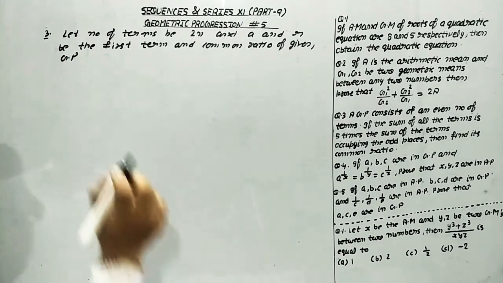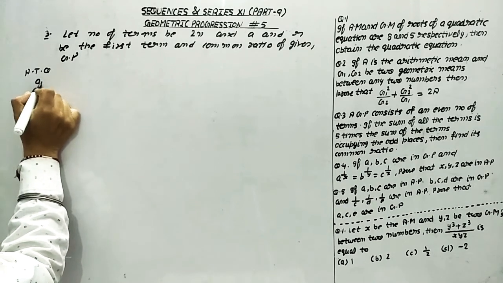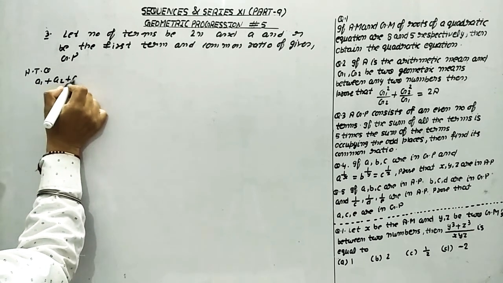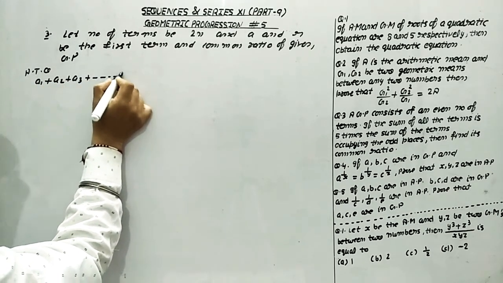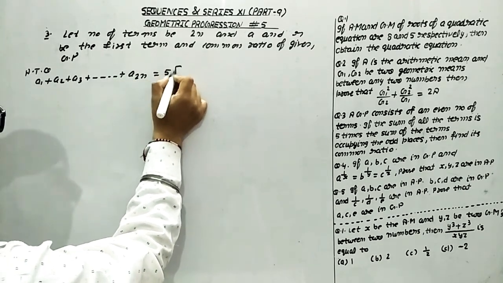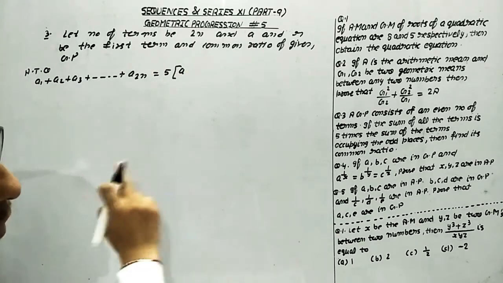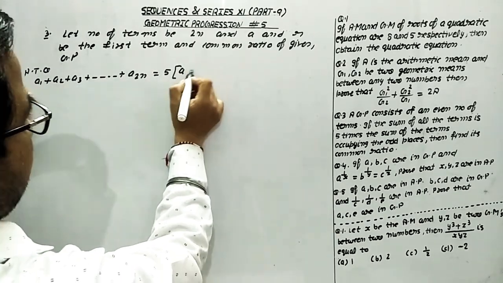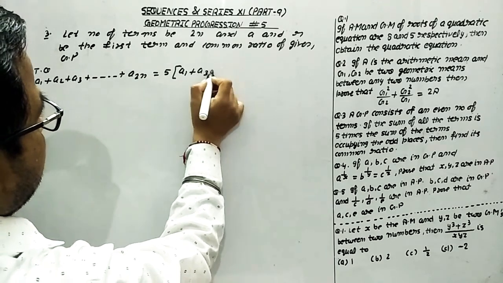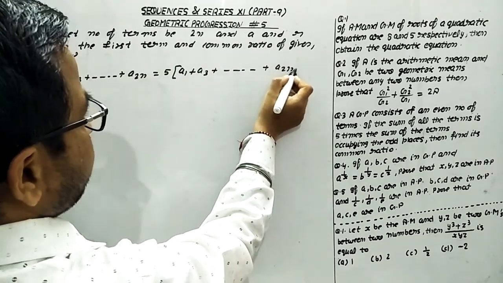Now look at this thing. According to the question, the sum of all terms, it means a1 plus a2 plus a3 and so on plus a2n, is equal to 5 times the sum of the terms occupying the odd places. The odd places are a1 plus a3 and so on plus a(2n minus 1).